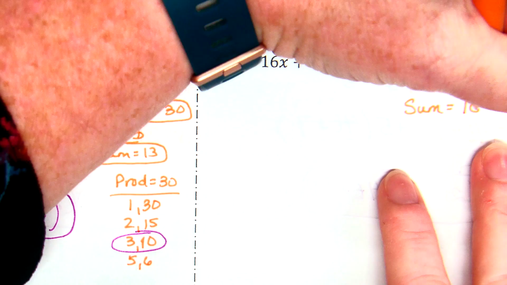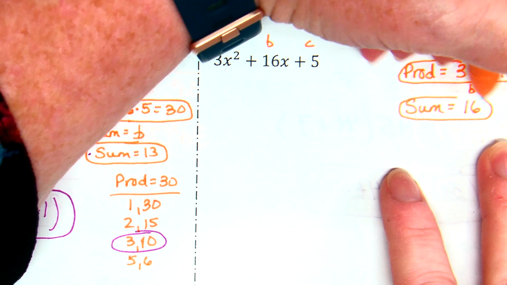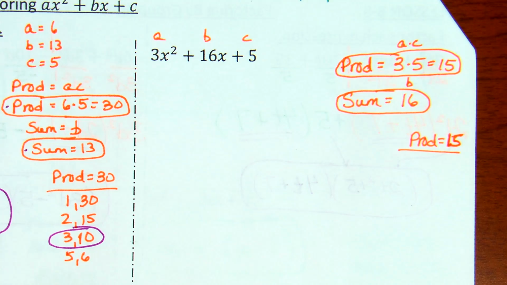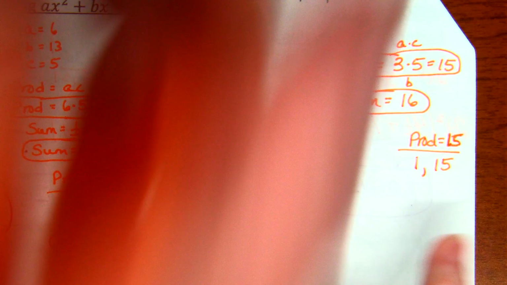So, I like to list my numbers out. I'm not saying you have to. Product of 15. What is that first pair? 1 and 15. Are you checking? Does 2 work? No. 2 does not go into 15. 15 is not even.